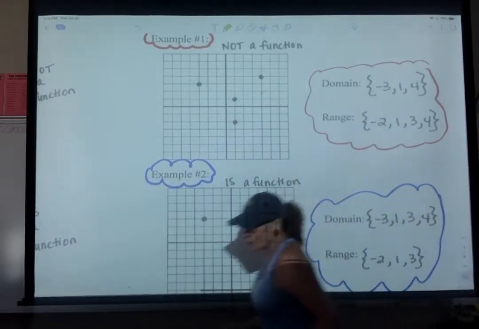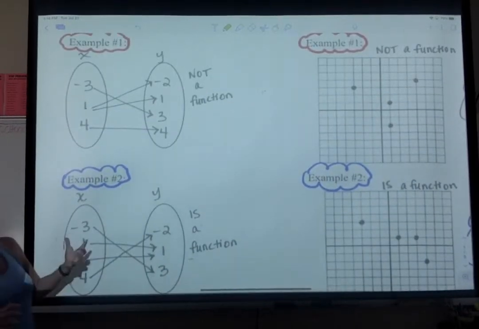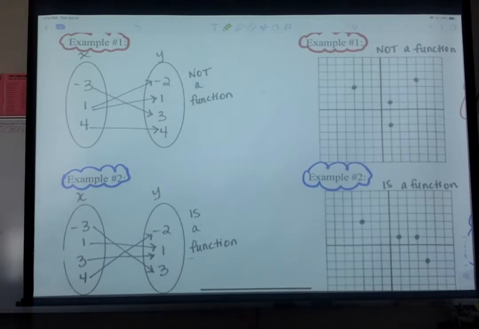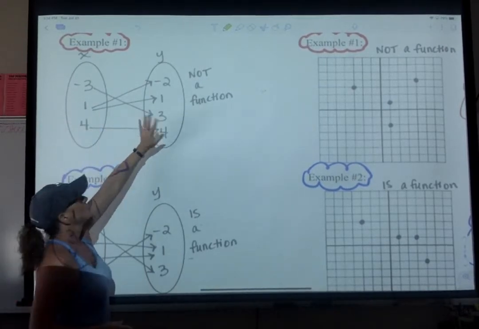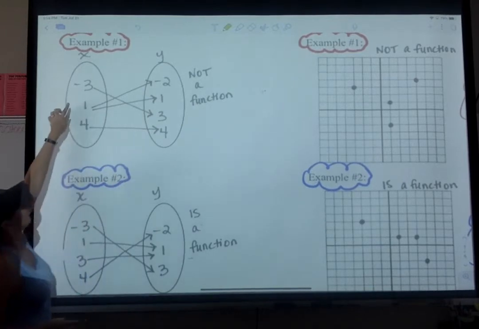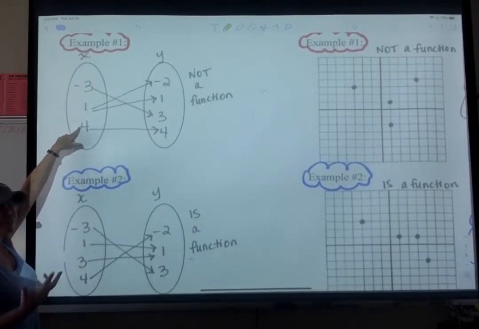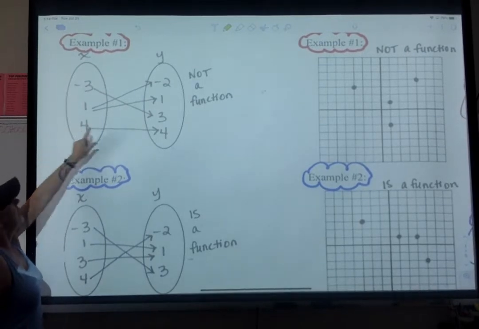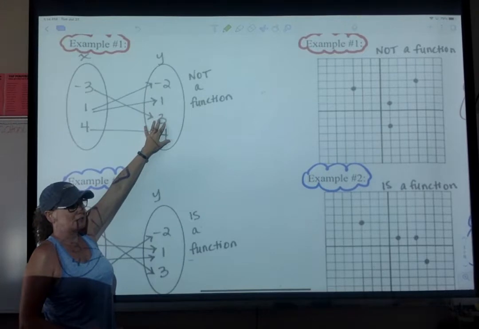Now, going back to the mapping, you don't see this very often, but I really like them. I think they're so cool. Domain goes in one oval, range goes in another. Notice that I put them in order, smallest to largest, no repeats, just like I listed the domain. And then same, in order, smallest to largest, no repeats.